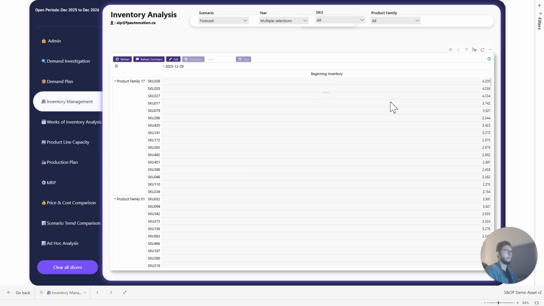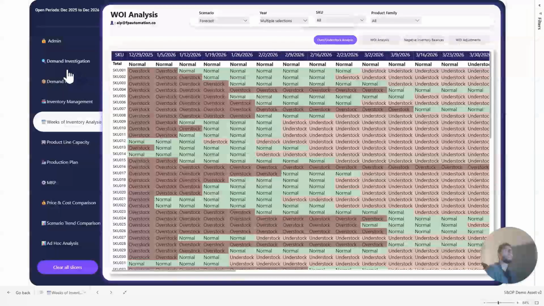So here we can see that the beginning inventory has been fed in from an ERP system, from the company's ERP system itself. From here, once that inventory is in, we're actually able to do an analysis on the unconstrained demand that the company has planned for within the demand planning process. And here we can have calculations in place in order to understand whether or not there is an overstock or understock situation.